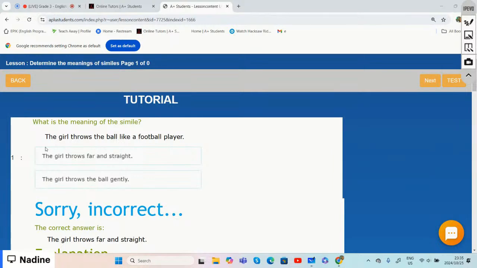Does it mean that the girl throws far and straight, or that the girl throws the ball gently? What does it mean when we say the girl throws the ball like a football player?